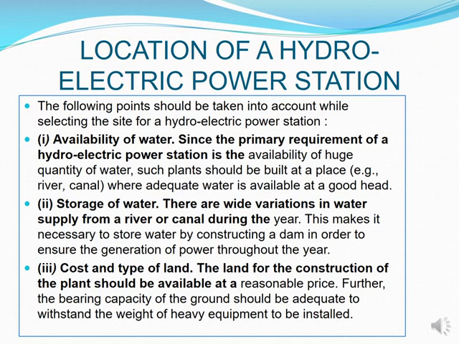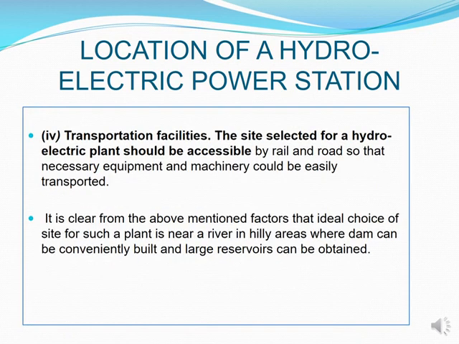Then we talk about the cost and the type of land that you're going to utilize. We want the land for construction of the plant to be at a reasonable price. Further, the bearing capacity of the ground should be adequate to withstand the weight of the heavy equipment that we need to install so that we can do the pumping as well as the generation.